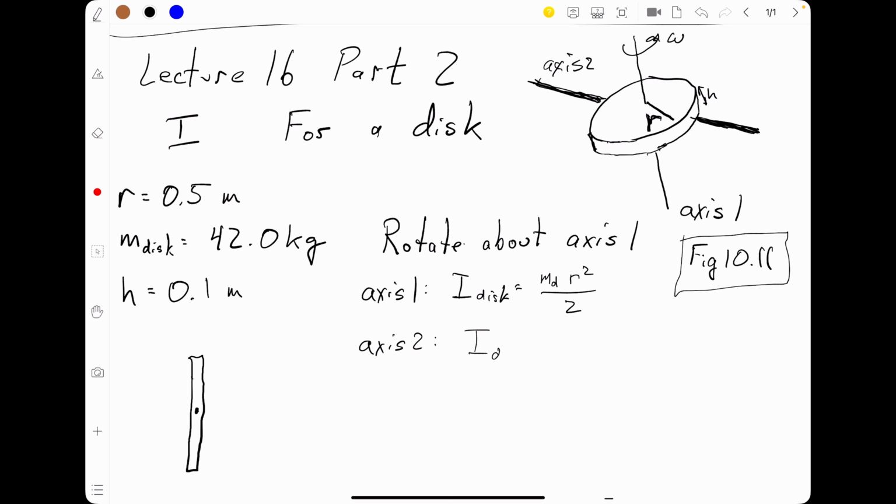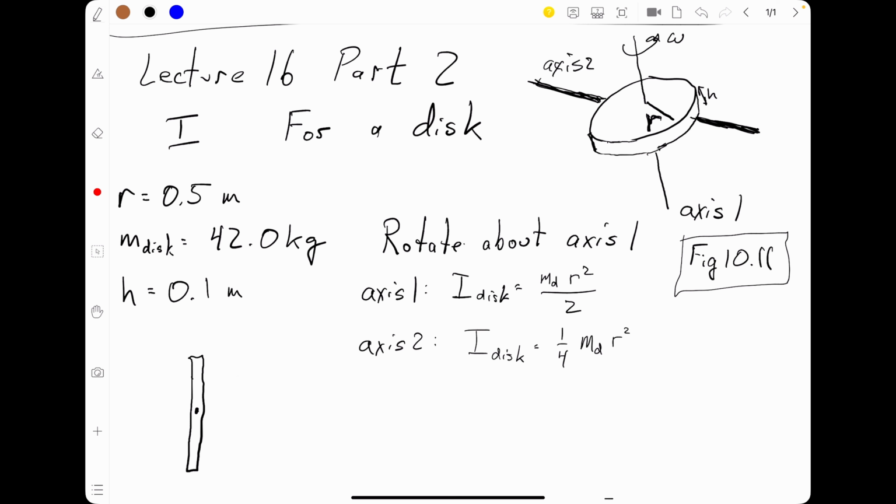So it would be I disc is equal to 1/4 the mass of the disc times the radius squared.